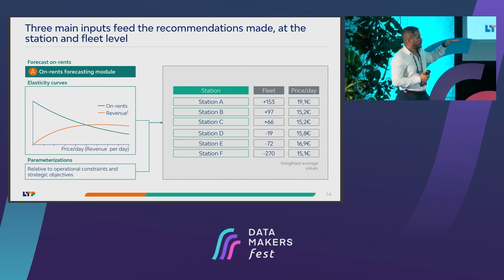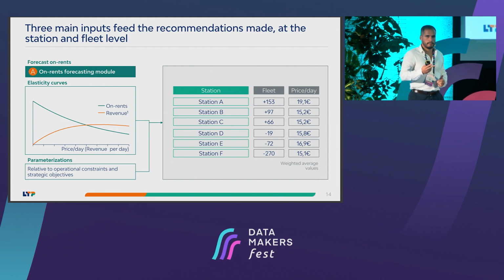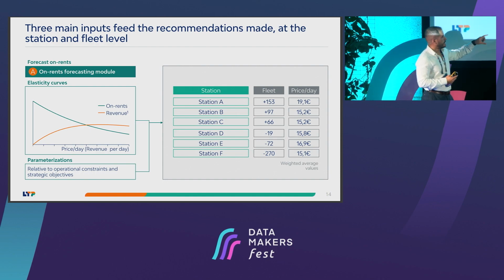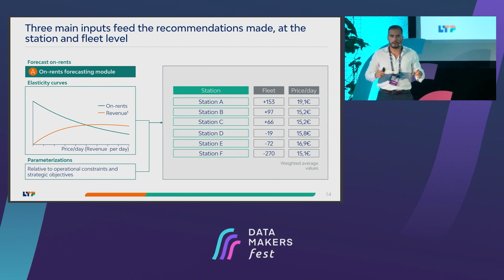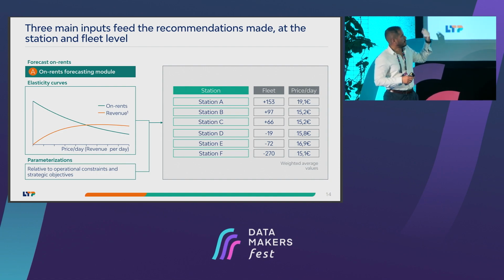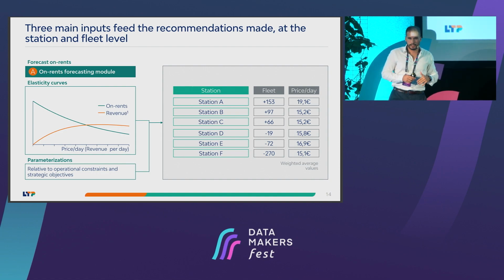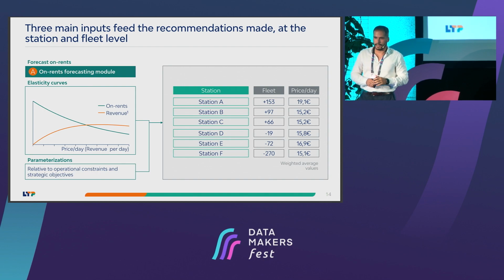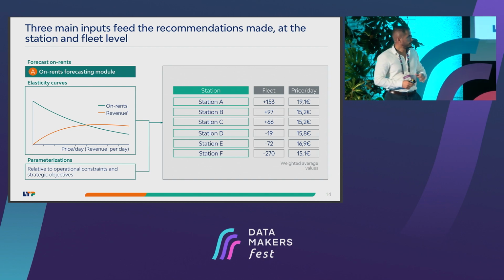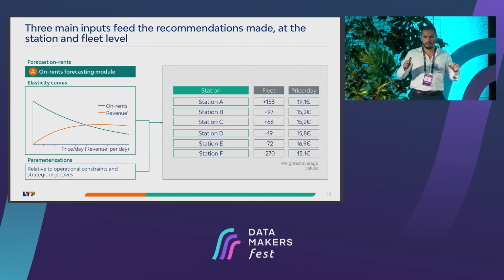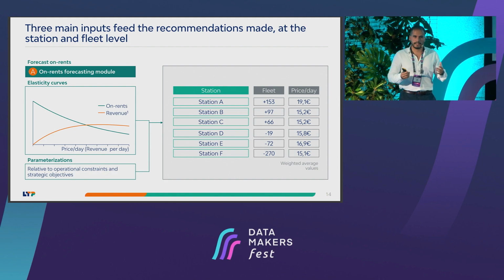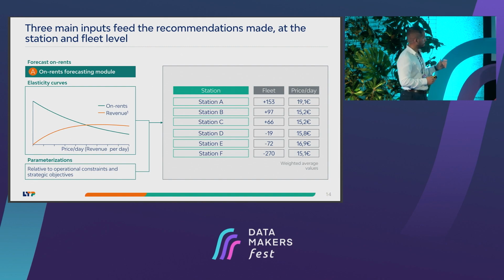But on station F, I will have a huge slack of cars if I keep going this way. So I can make two decisions here. I can transfer cars from station F to station A without changing prices, or I can increase the price of station A and decrease the price of station F to rebalance my model. And the key idea is not to do one or the other, but to do both at the same time, optimizing the profit at the end of the day.